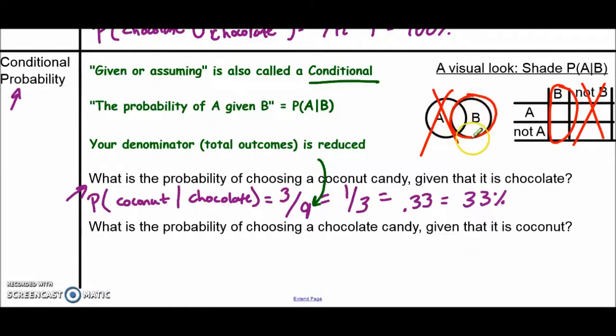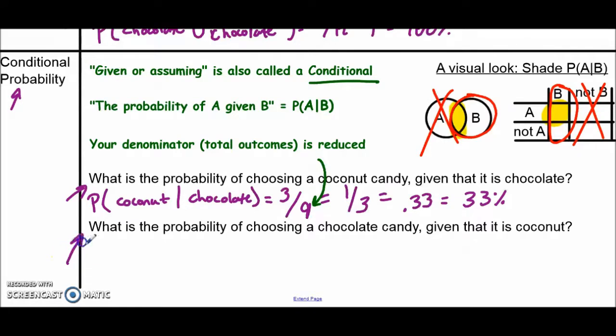Now that we only have the places where B has happened, we're going to look more specifically at the places where A also happens, which is right here and right here. When we create our fraction to find the probability, it will just be the place where A and B occurs, in yellow, divided by the places where B occurs. Remember, when we're looking at a given probability or conditional probability, we're no longer looking at the full number of occurrences.